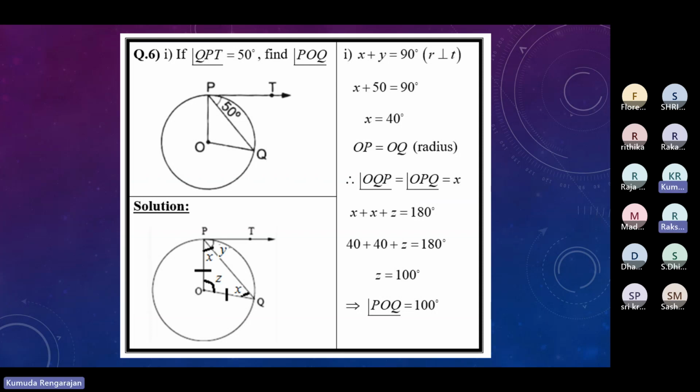Ma'am, day before yesterday you had given one sum as a test, right, ma'am? I got the right answer for that, so I just wanted to confirm the answer with you. Yeah, tell me the values. Ma'am, I got F1 as 28, F2 as 32, and F3 as 24. Yes, I remember something like that.